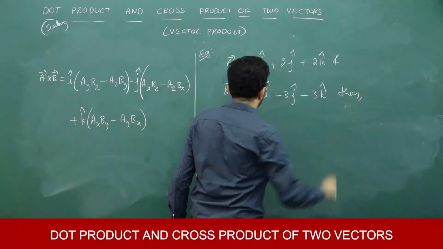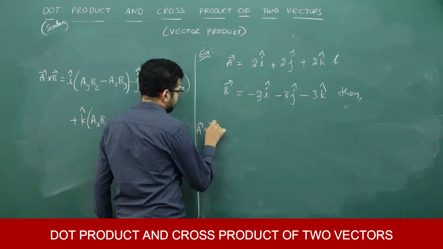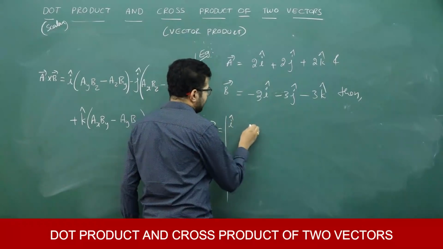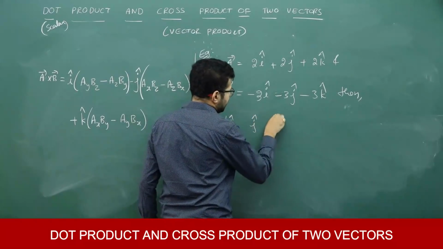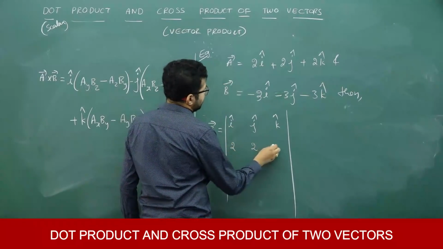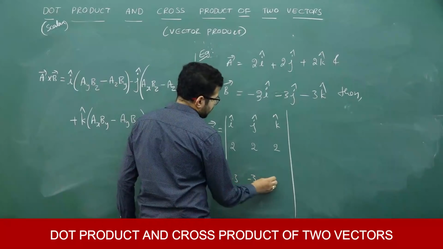Then how to find A cross B? A cross B is equal to the determinant of i cap, j cap, k cap; Ax, Ay, Az; Bx, By, Bz.